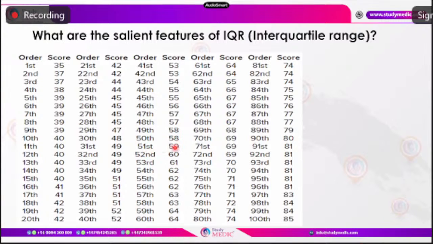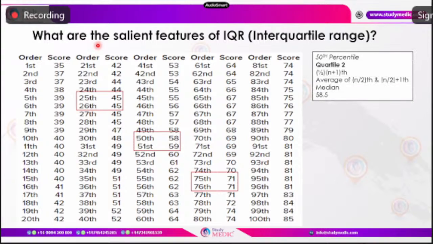The 50th value is 58, the 51st value is 59. The average is 58.5. So the median is nothing but the average of these, 58.5. The median is also called the 50th percentile, or quartile 2. It is nothing but the median.